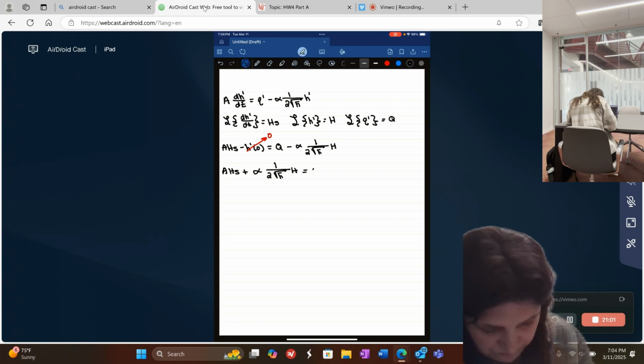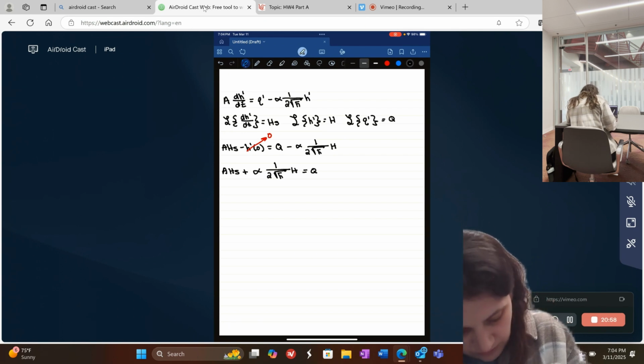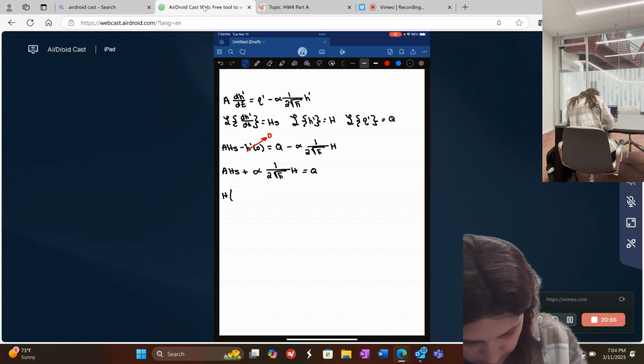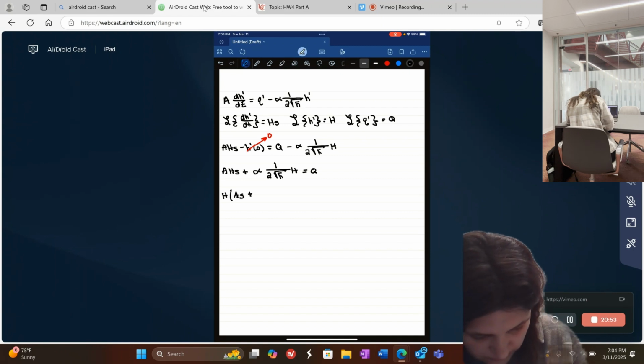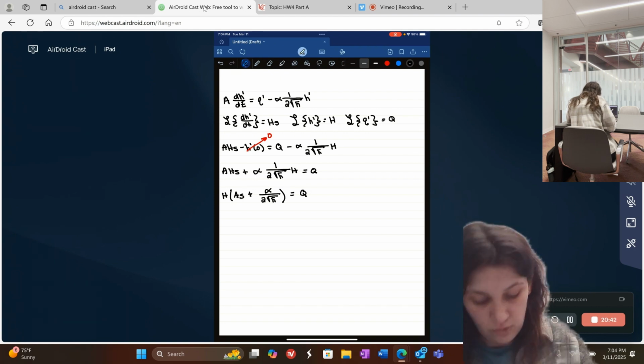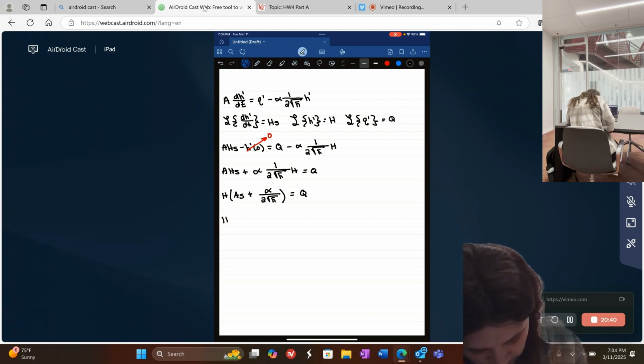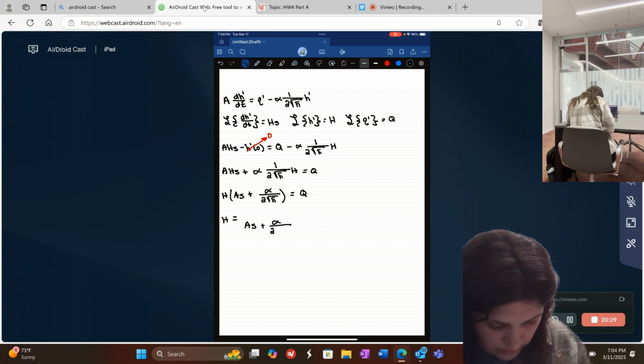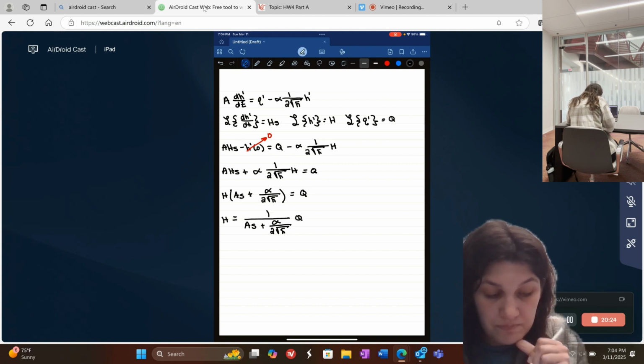This is equal to Q. Then factor out our H, as A s plus alpha divided by 2 square root of h bar, and then divide by that whole term, and that leaves us with H equals 1 over A s plus alpha over 2 times the square root of h bar, times Q.